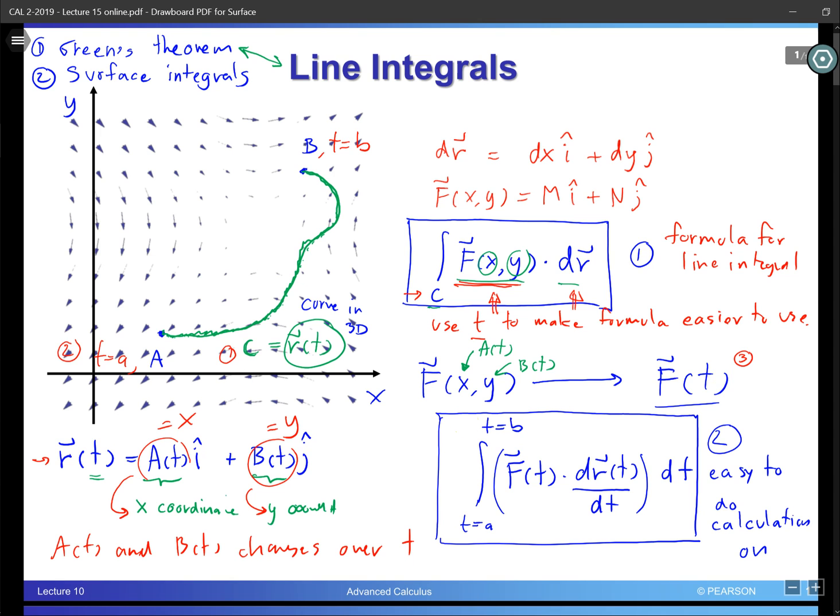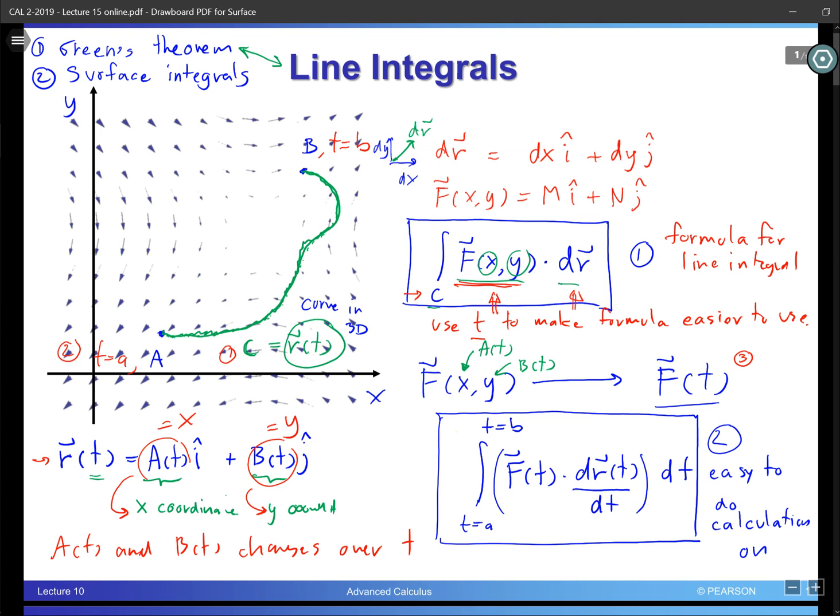Think of this dr like this vector, and then you separate it into two components, the i component and the j component. This is dx, this is dy, and the original is dr.